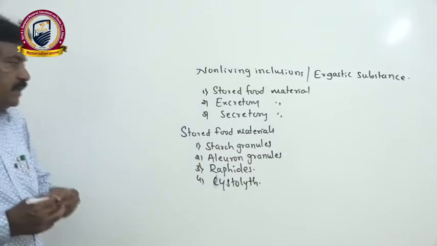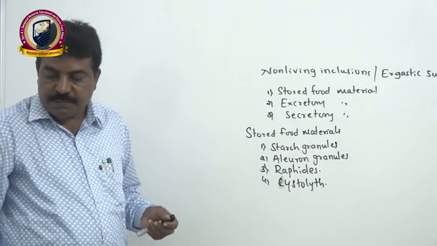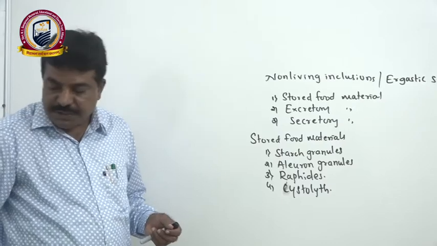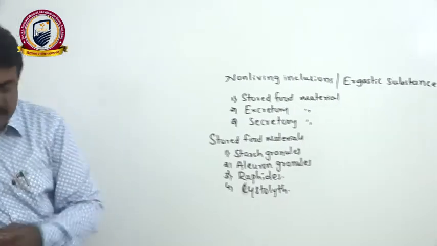These are the different stored food materials present in both plant as well as animal cells.